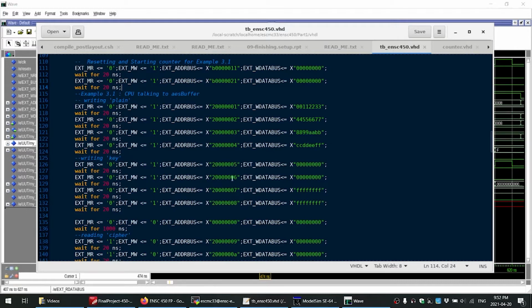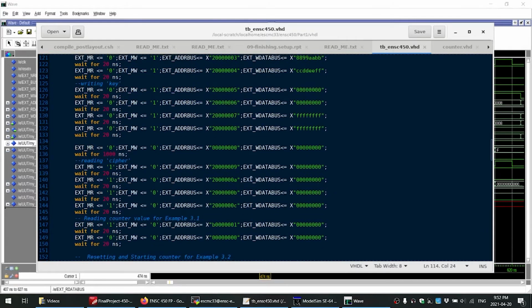Writing to address 5 to 8 will represent all 128 bits of the key, and then reading from 9 to C will represent the bits of the output, which is the cipher that the AES core outputs.